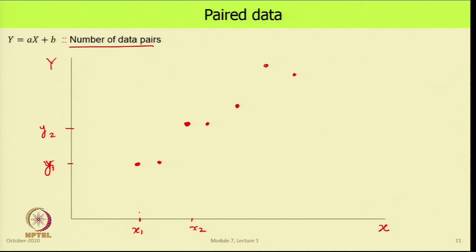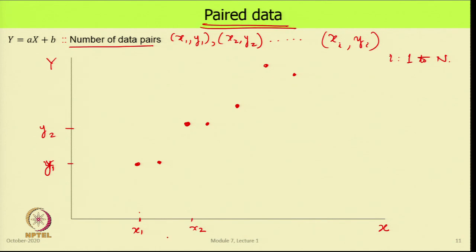And so, for this we have this many data pairs, which we call x1 y1, x2 y2 and so on, xi yi, i goes from 1 to n. That is what is called paired data, pairs of data.